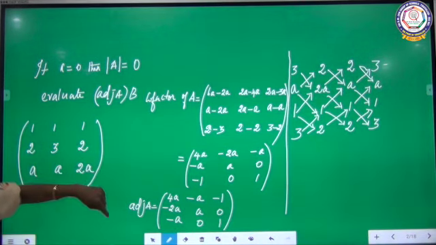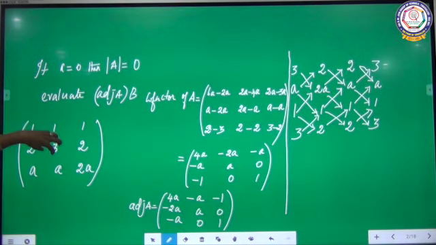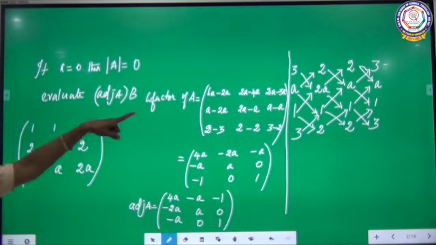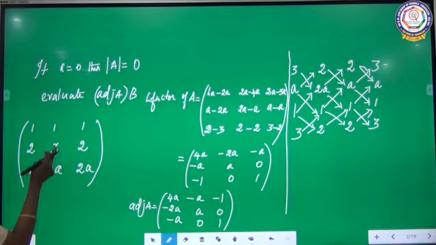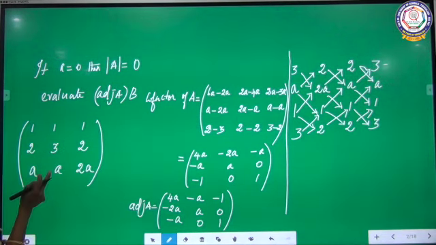Adjoint of A, how to find? You want to find the cofactor. For that, middle element, below and above, again the same entry that I wrote in the right side. The same way, middle element, below, above, the same.